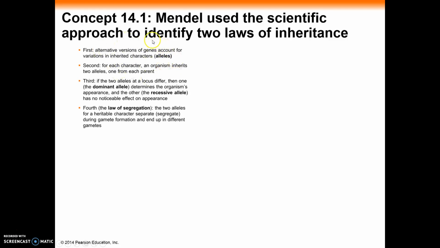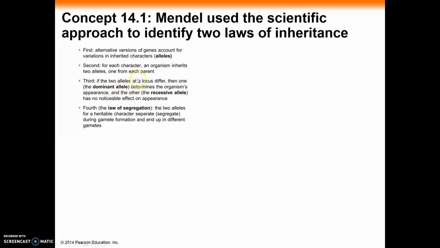So, a little review here. We have different inherited characters, which we could call genes. Those genes have individual possible traits, which can be the different alleles. So for each character, an organism inherits two of these alleles, one from each parent.